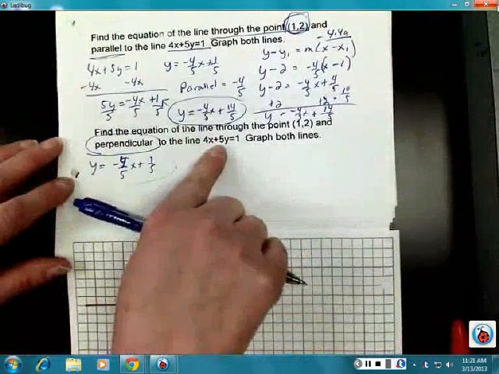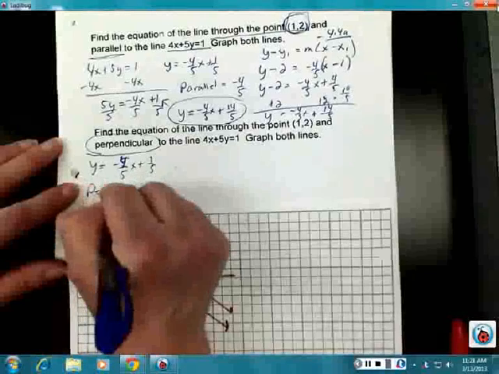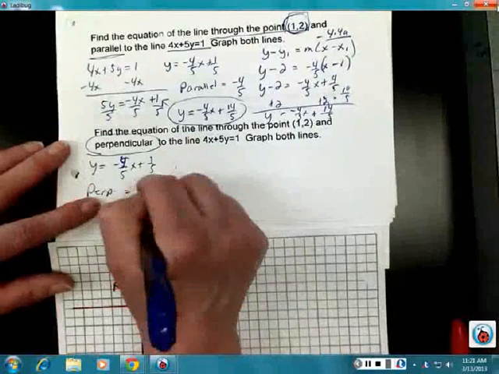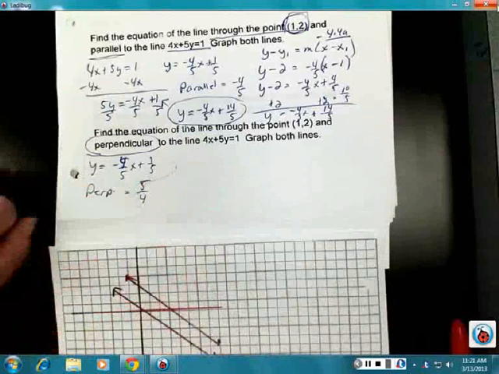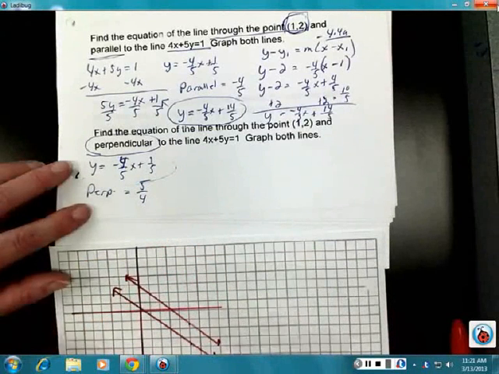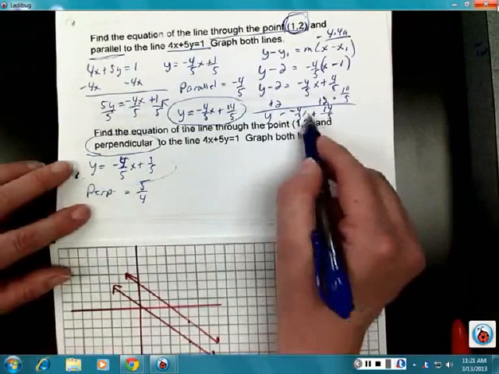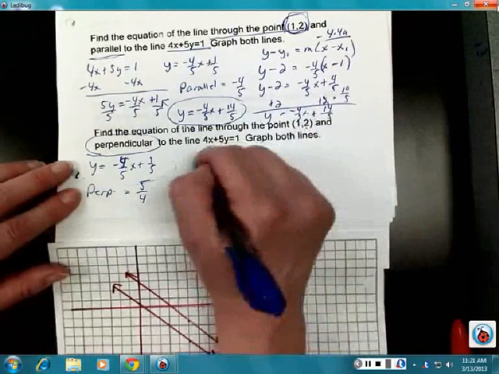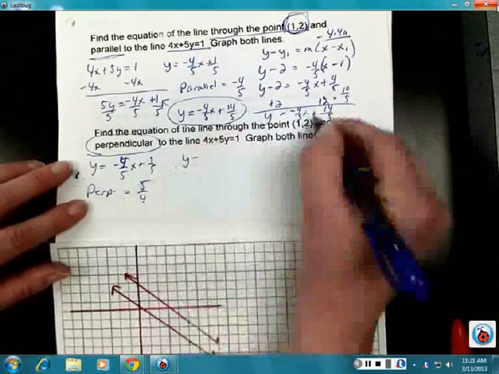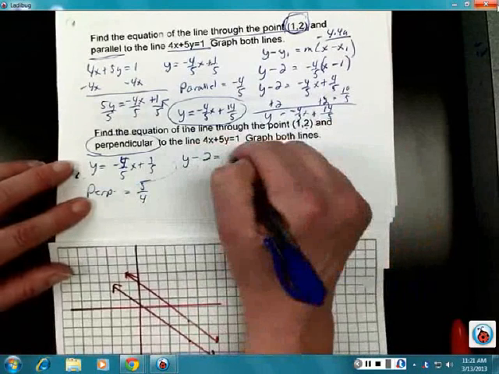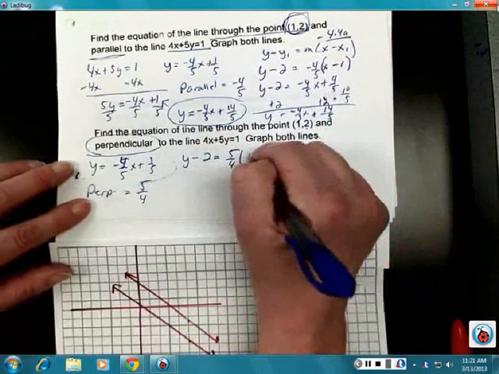But I want perpendicular, so now the perpendicular would be y equals 5/4. Plus 1/5? Well, no, because I have to go back and put this point in. So now it's y minus 2 is equal to 5/4 times x minus 1.